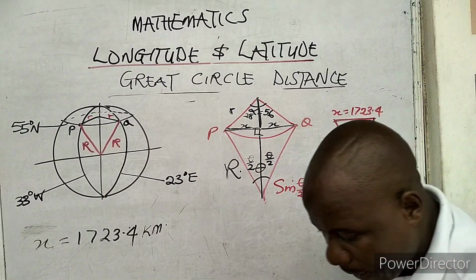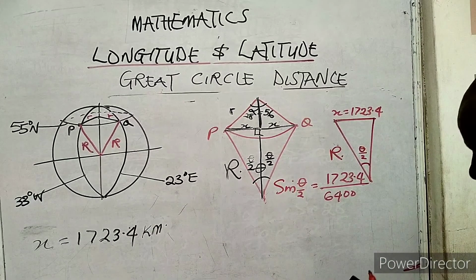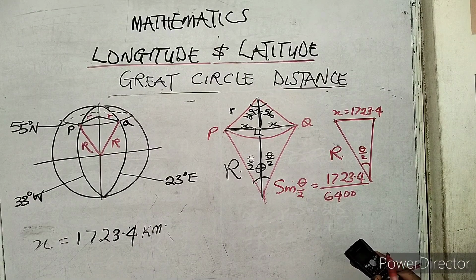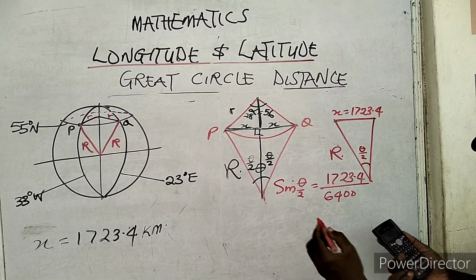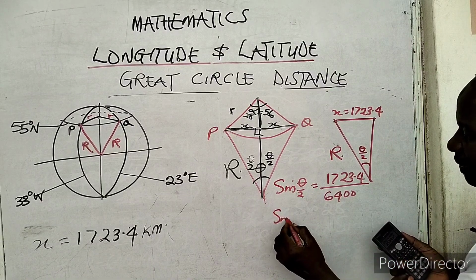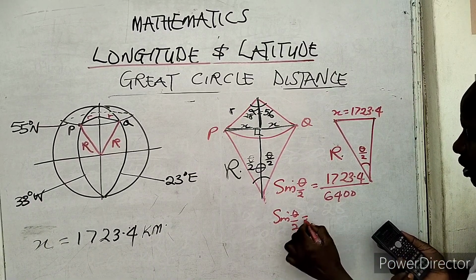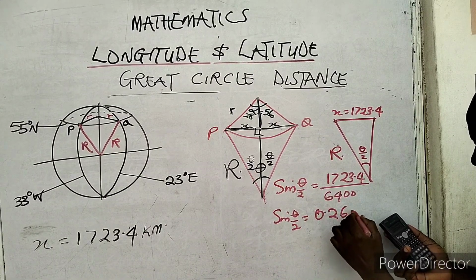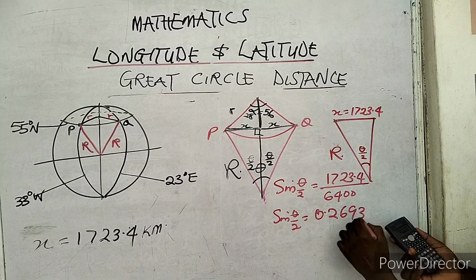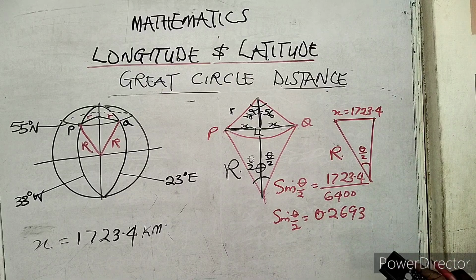So now I will say this is 1723.4 divided by 6400. So it means sine theta all over 2 is equal to 0.2693.